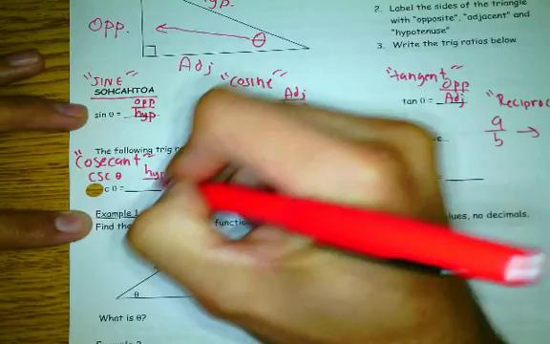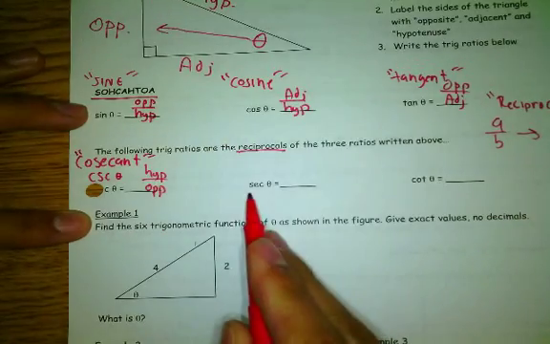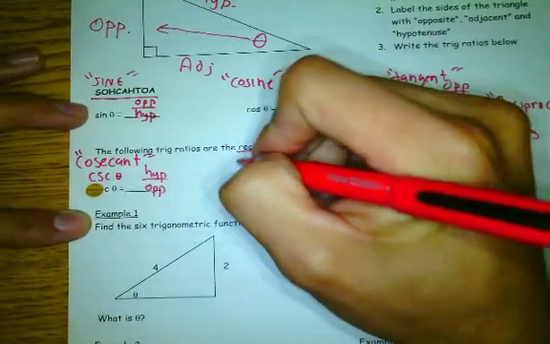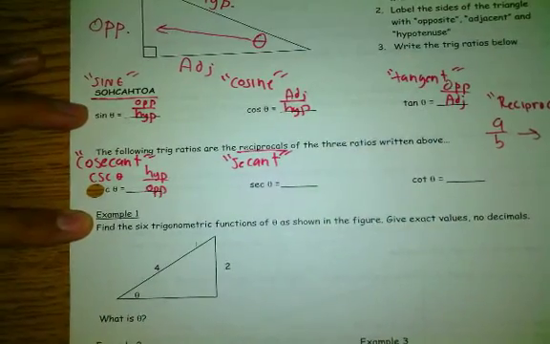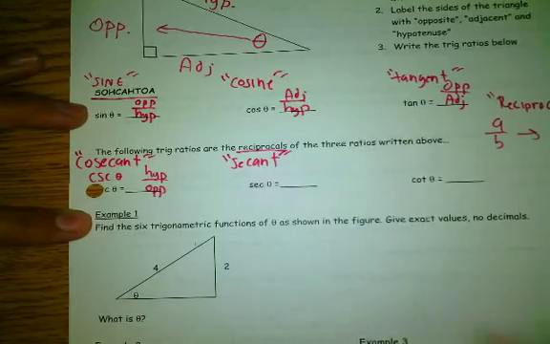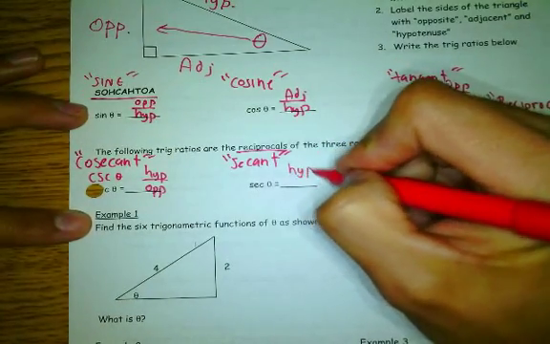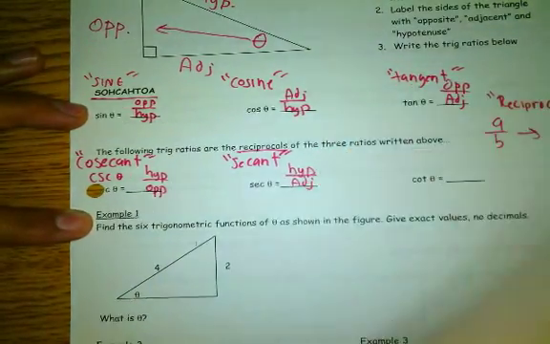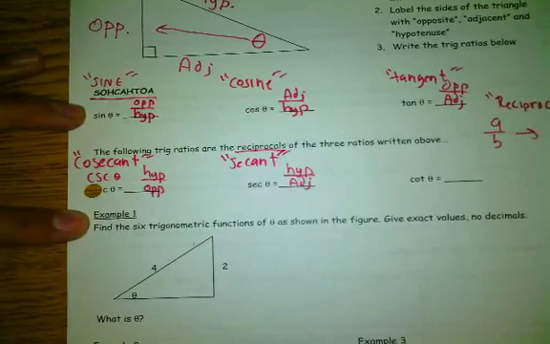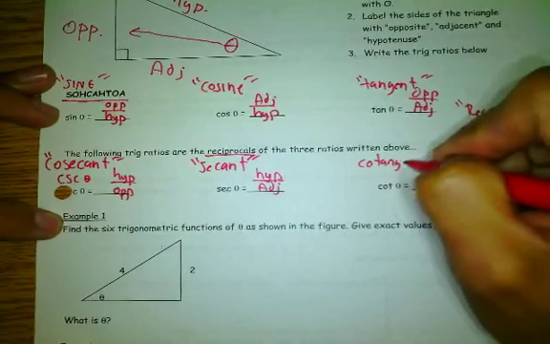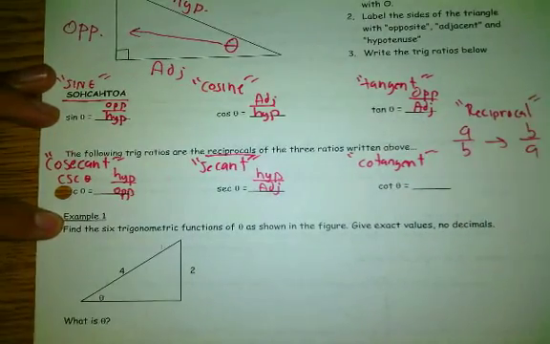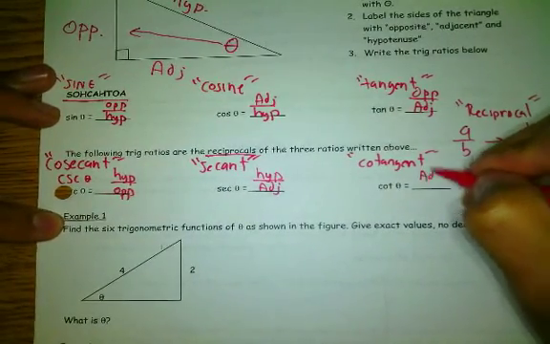The next one is called secant, and secant is the reciprocal of cosine. So we find it by doing hypotenuse over adjacent. And very last but not least, we have cotangent, and that's the reciprocal of tangent. So that means it is adjacent over opposite.